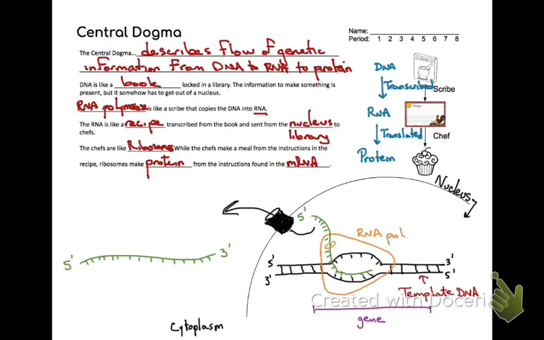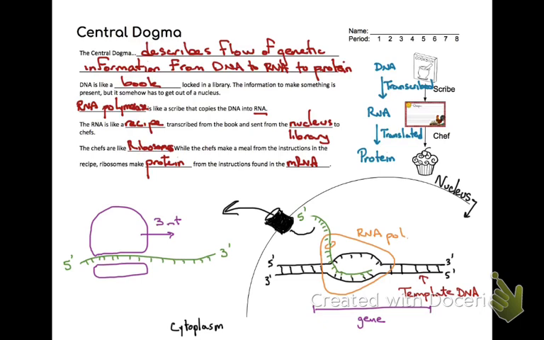And now we're going to draw our ribosome. The ribosome is a large two-part structure consisting of a large subunit and a small subunit, as shown here. And the ribosome moves down the mRNA in 3 nucleotide jumps. We'll talk again about the importance of these 3 nucleotides in a minute.